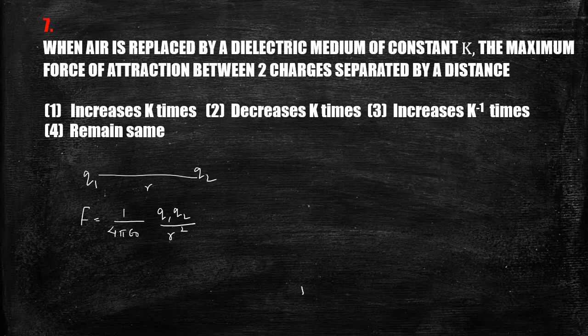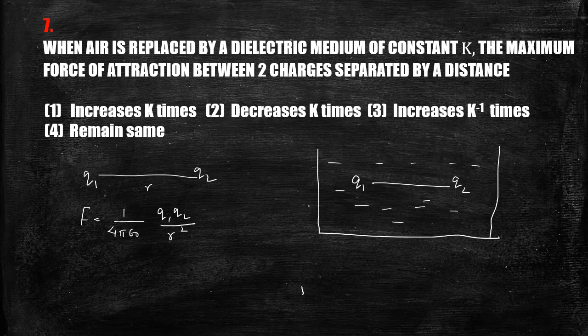In the case of a medium of dielectric constant K, that is, if you are immersing the system of charges in a medium of dielectric constant K, what will be the change in the force between the two charges?